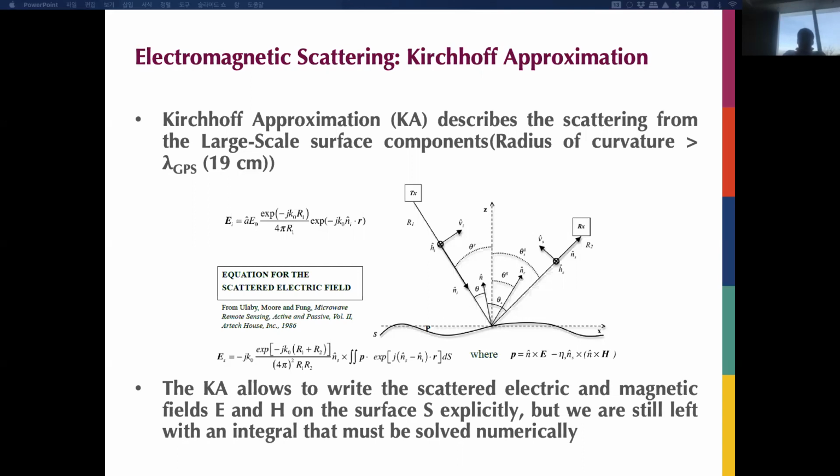GNSS reflectometry also uses the Kirchhoff approximation, but the difference is that the SAR community uses it only for backscattering, while we have to build this theory to fit forward scattering.